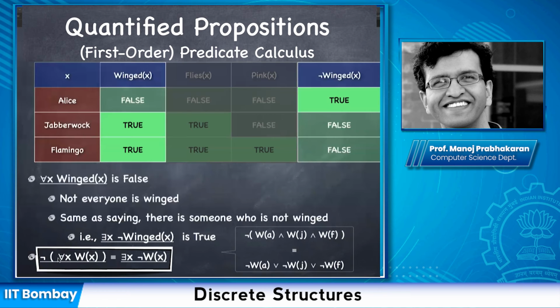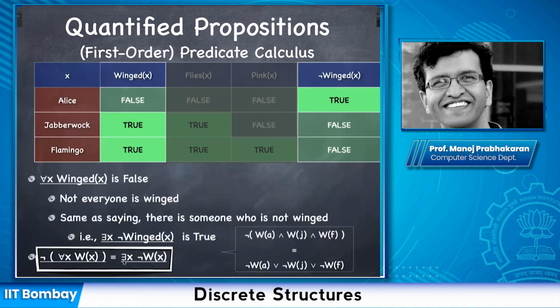Okay, so this is what I want you to remember from the slide. Negating a statement for all x W(x) is the same as writing there exists x such that not W(x). You should think this over until it comes completely naturally to you. And an analogous statement holds, of course, if I move the negation sign to the other side.